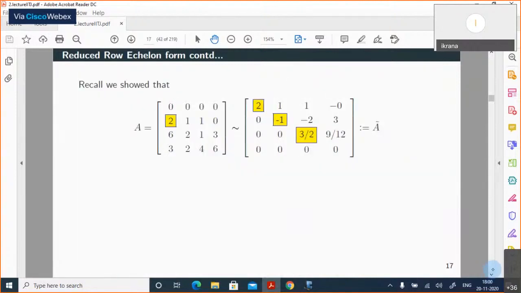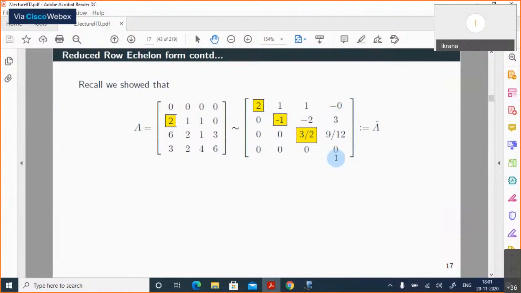So this is the earlier example we showed. This is a given matrix, and this is a row echelon form. So I can make this entry 1 by dividing this row by 2. This will become 1, and then this is 1, so I can suitably multiply and make this 0. Similarly, this entry can be made 1, and by suitably multiplying and adding, this can be made 0, and this can be made 0.